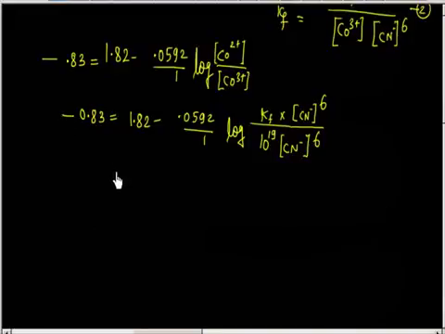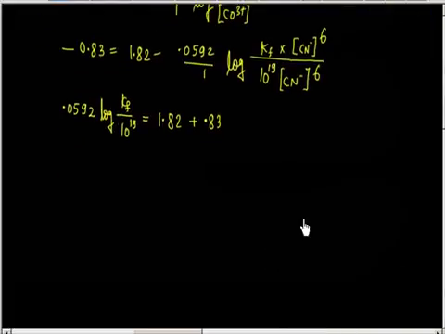So now I will have, let us say this goes this side, so 1.82 plus 0.83 equals 0.0592 log of Kf divided by 10 to the power 19. Are you getting? This is easy.